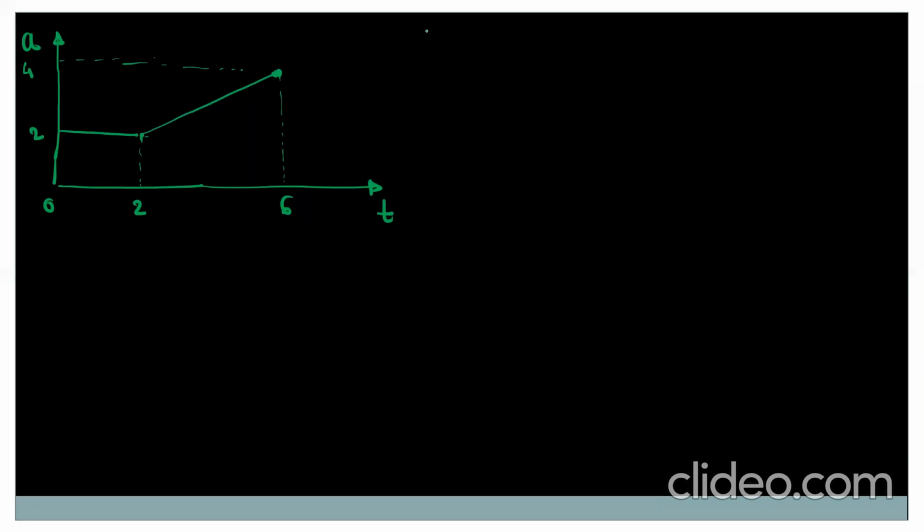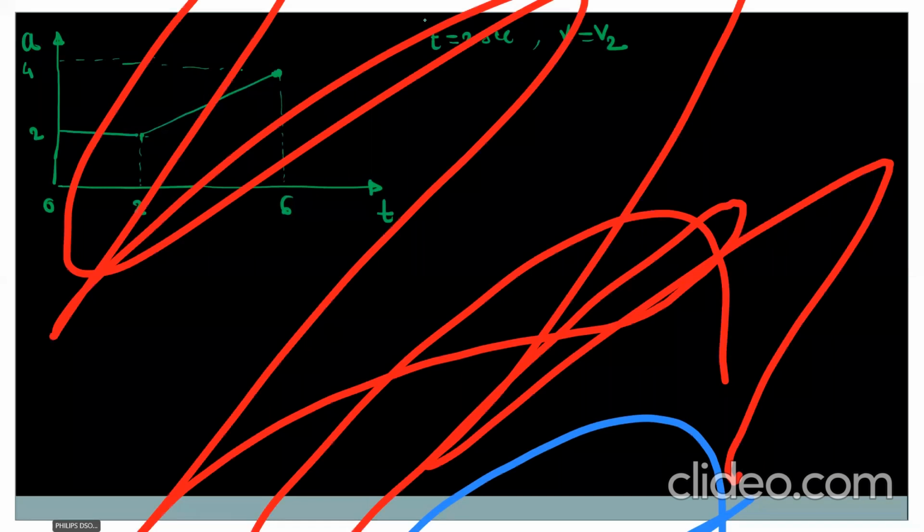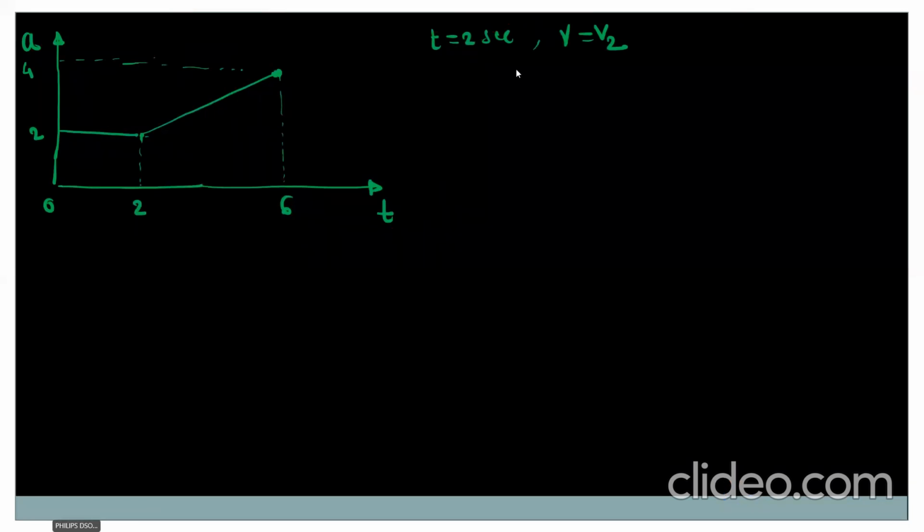Suppose the initial velocity is given, which is at t is equal to 2 second, its velocity v2 is equal to 2 meter per second.